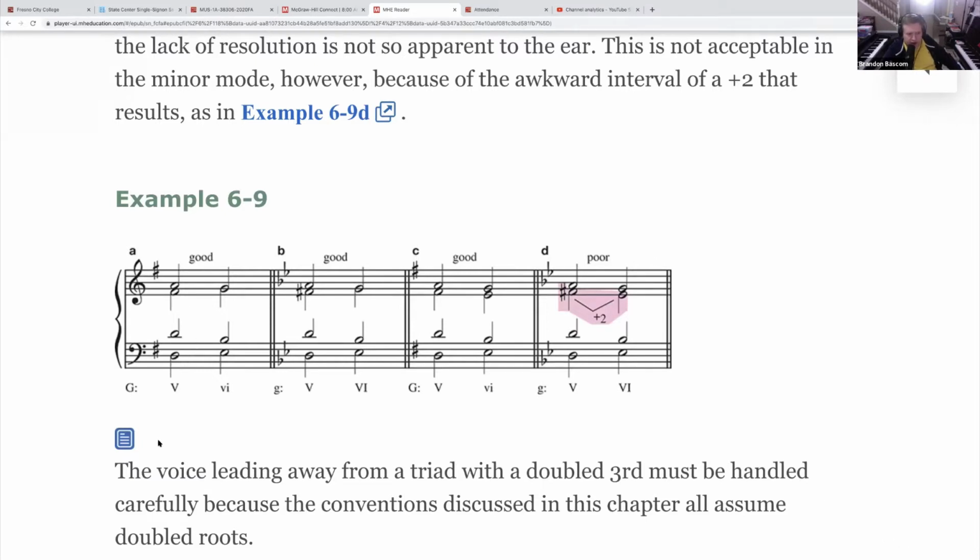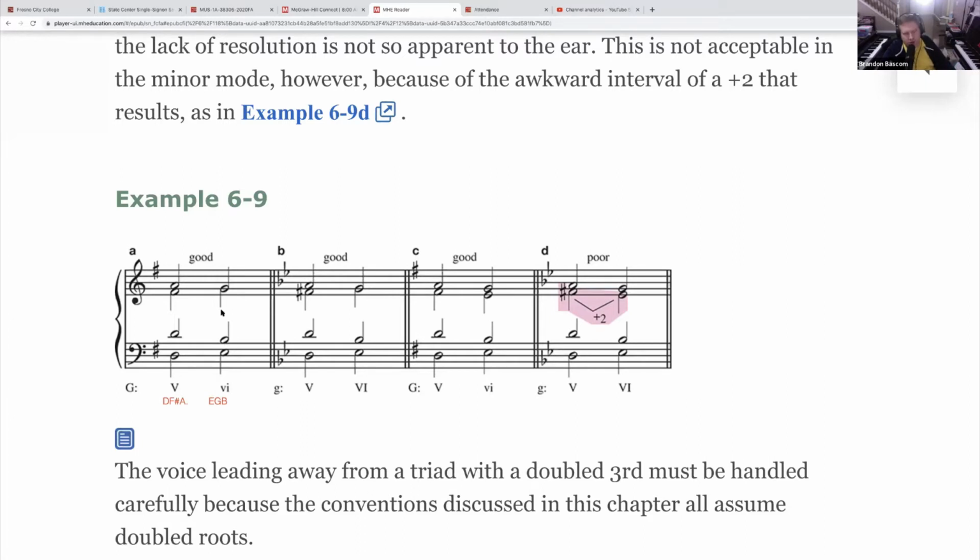So we have a 5 chord, which is D, F sharp, A, going to a 6 chord, which is E, G, B. So what we did is we had root, root, third, fifth, and we went to root, doubled third, fifth.